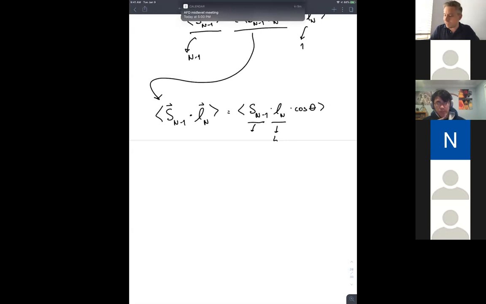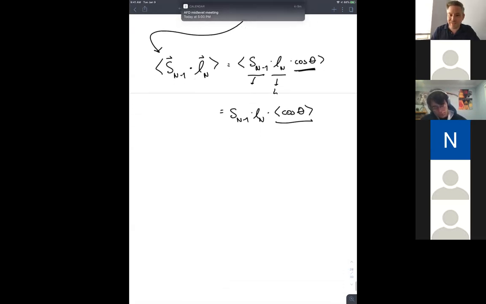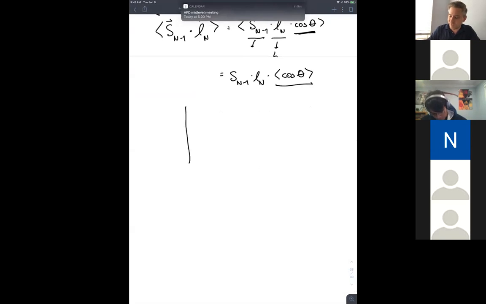So the only variable here is the angle at which this last step is at. So we just need to calculate the average of cosine theta. What is the average of cosine theta? Well, you can just look at it. There's cosine theta. What's the average of that? 0.